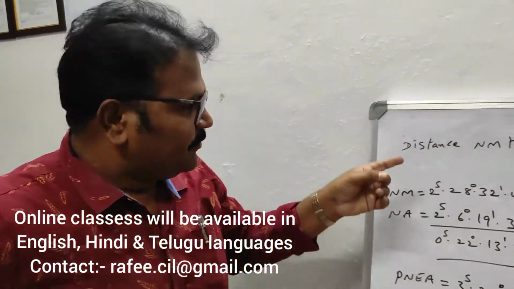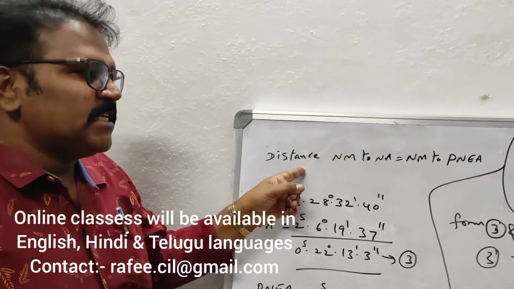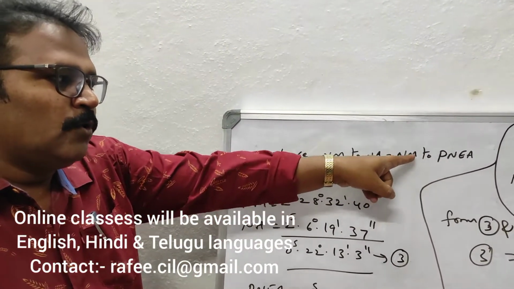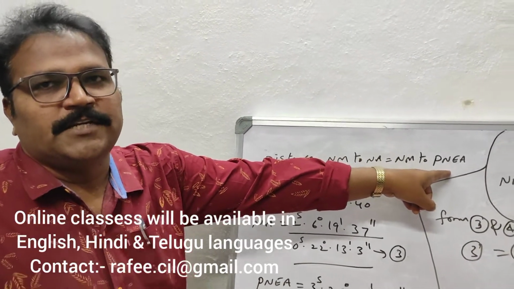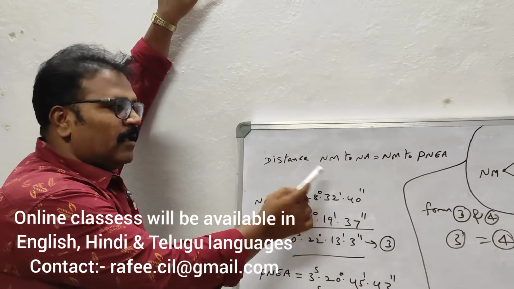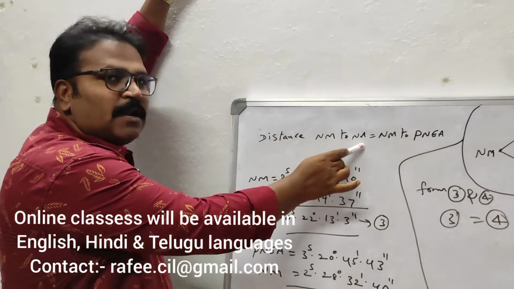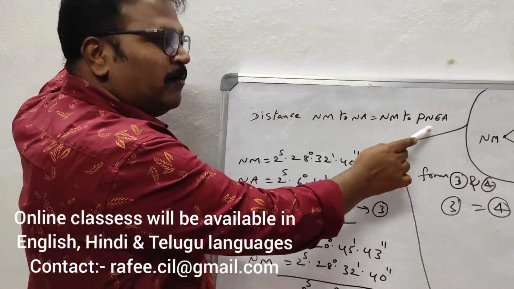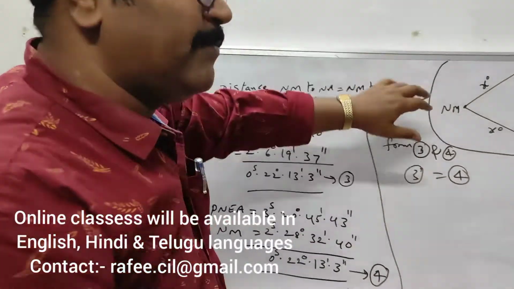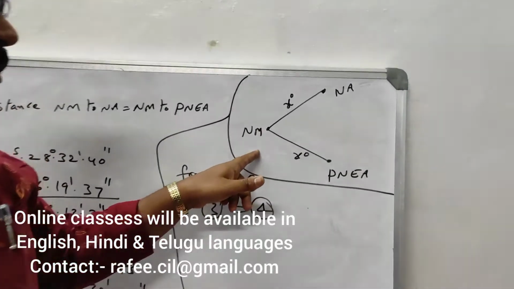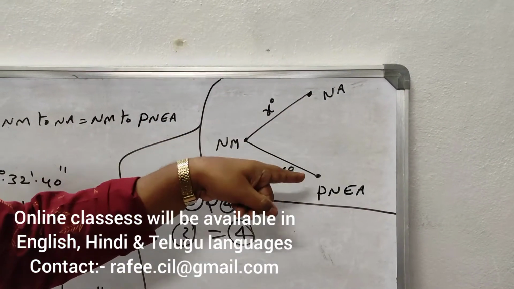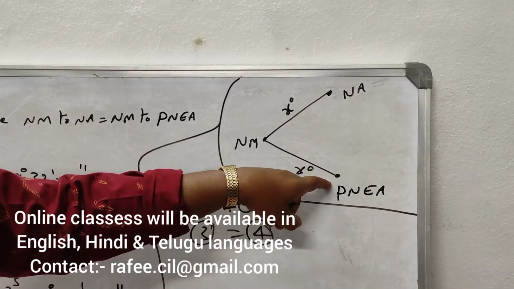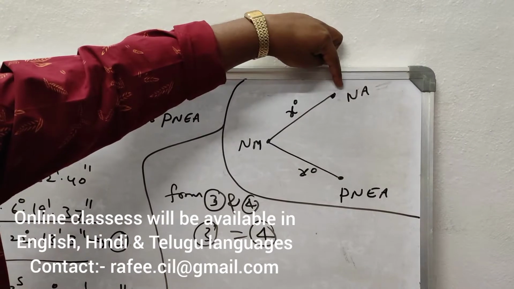The formula is: the distance from natal moon to natal ascendant is equal to the distance from natal moon to prenatal epoch ascendant. For example, in this figure, here is NM, the natal moon, here is PNEA, the prenatal epoch ascendant, and here the natal ascendant.